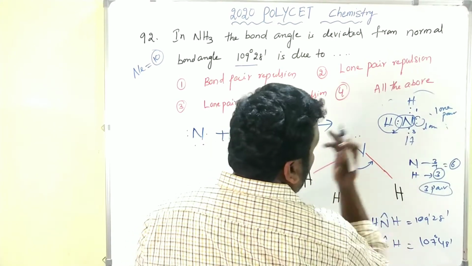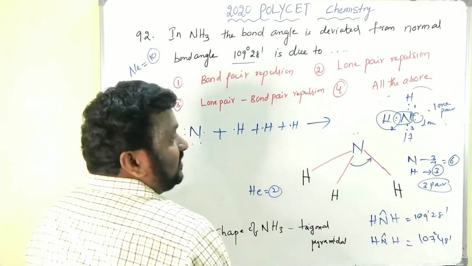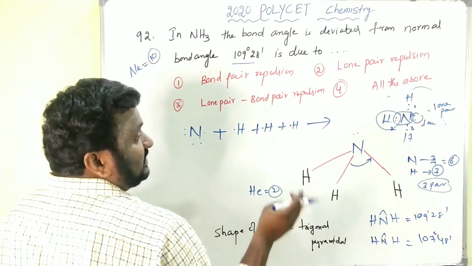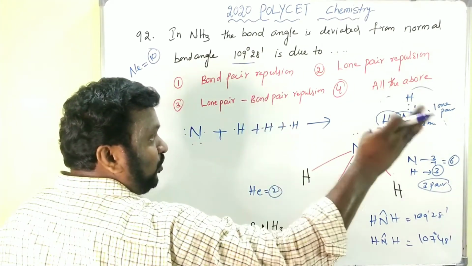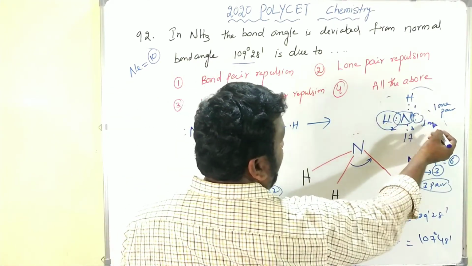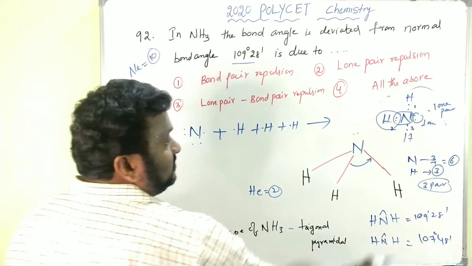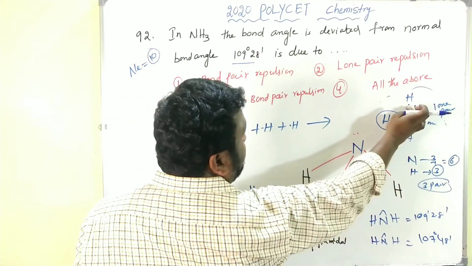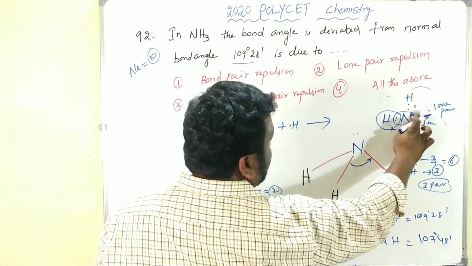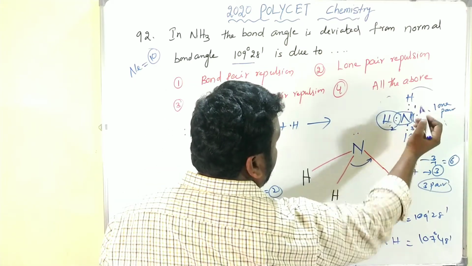Lone pair. So that's why in NH3 formation, totally 4 pairs of electrons are there, but 3 are in bonds and 1 is lone. 3 bond pairs are in bond, and this one is lone pair.